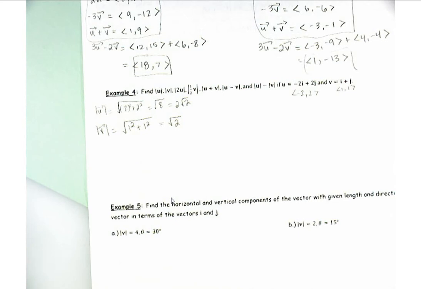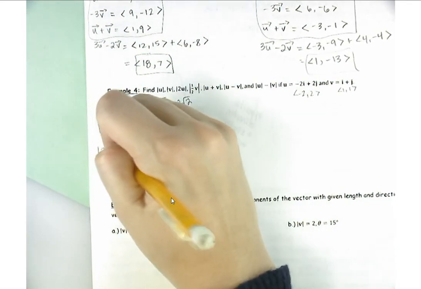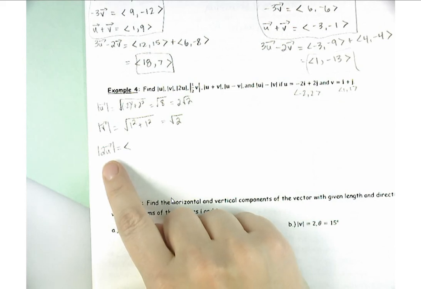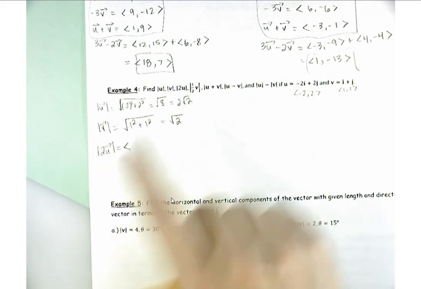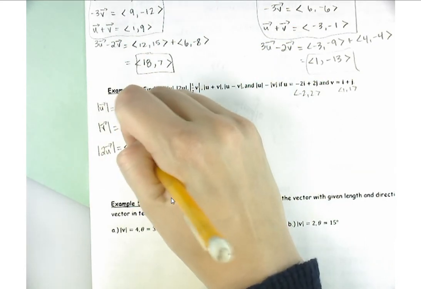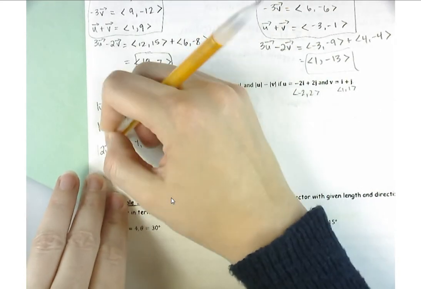Okay, now the next thing we're asked to find is the magnitude of 2u. One way that you can do this is you can multiply the 2 by the u first. So if I multiplied negative 2, 2 by 2, I would have negative 4, 4. Actually, I'm going to write this like this first.